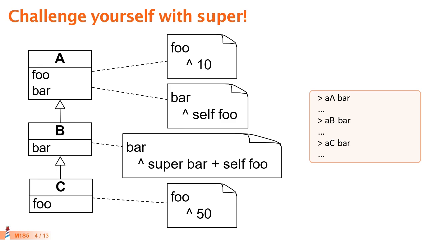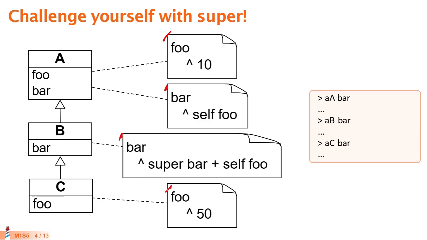Now, you can also take 5 minutes here and try to answer these 3 questions. Imagine that you have these 3 classes, the class A, the class B, and the class C. C inherits from B, B inherits from A. They define methods foo and bar as defined in these little boxes here.